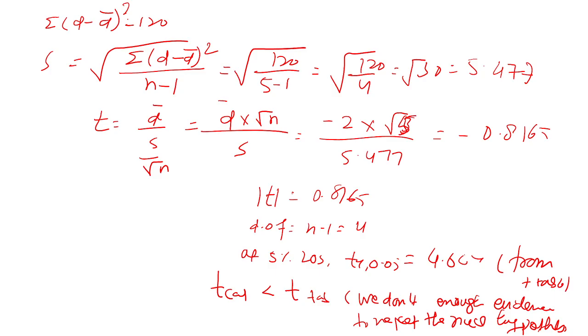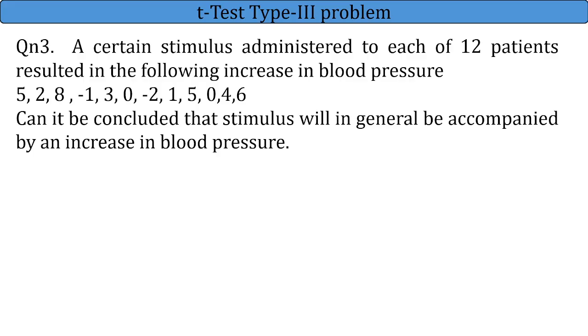Okay, so I think we'll go ahead. Shall I go ahead? Yes, sir. Okay. So similarly, we have one more question now. A certain stimulus administered to each of 12 patients resulted in the following increase in blood pressure.